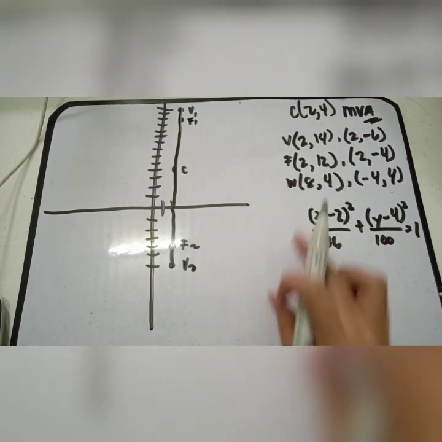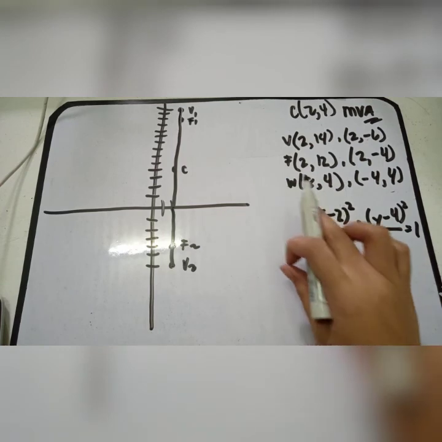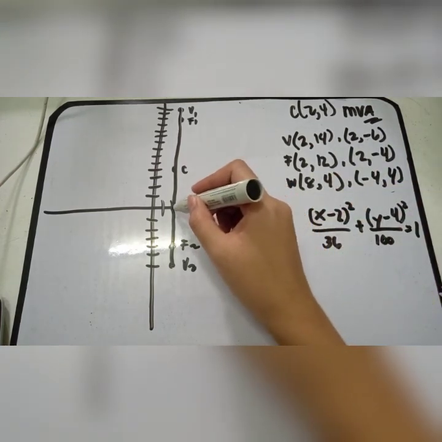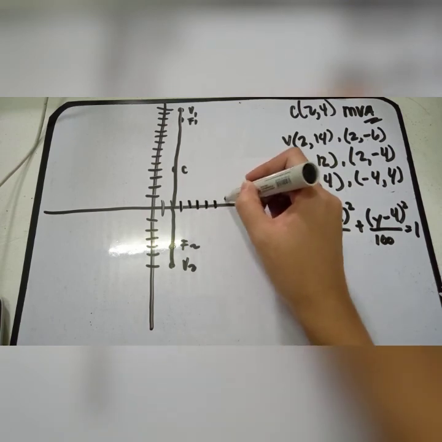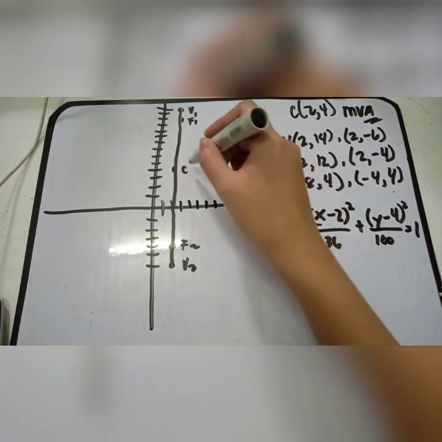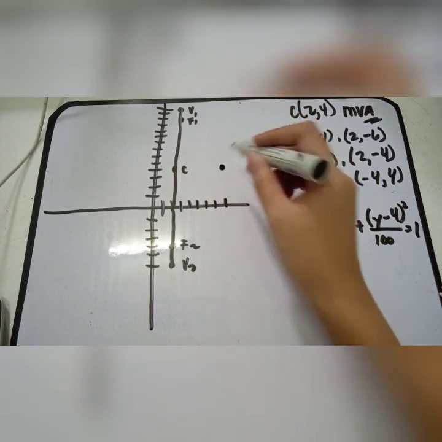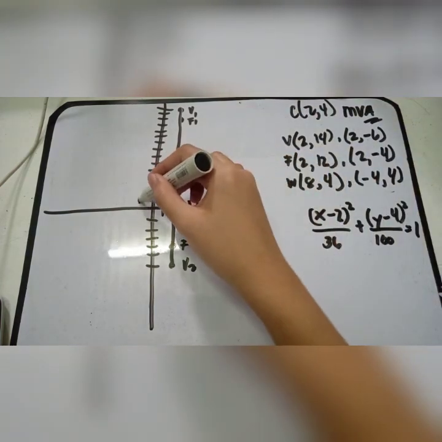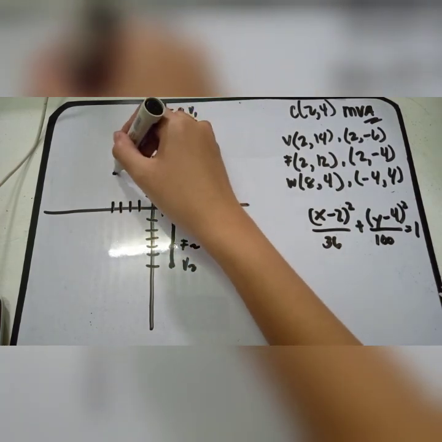So next are the co-vertices. For the co-vertices, naka-horizontal siya. So 8, 4. So 2, 3, 4, 5, 6, 7, 8. And then 4. Here. Okay. Next is negative 4, 4. So negative 4. So 1, 2, 3, 4, 4.